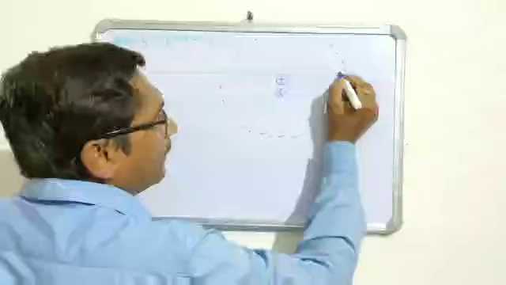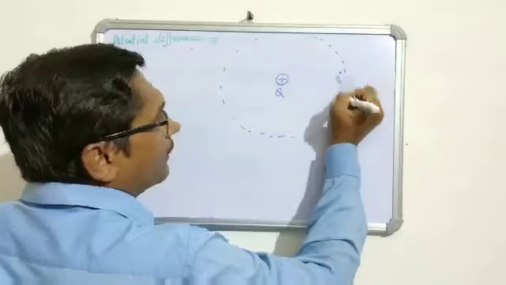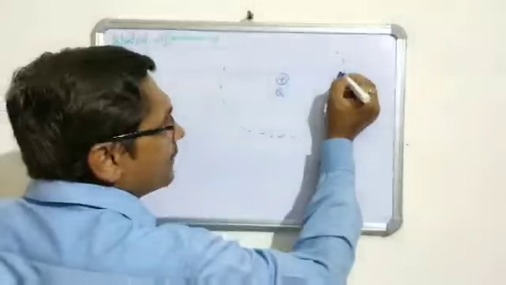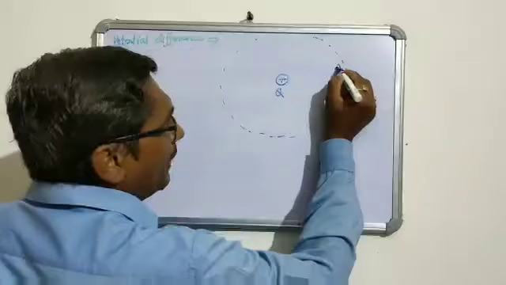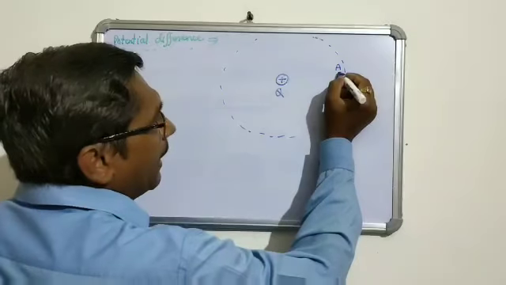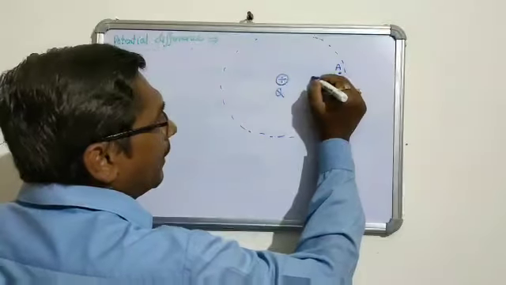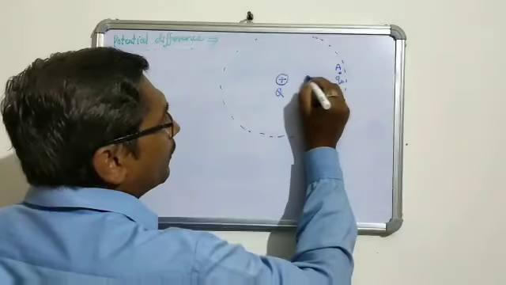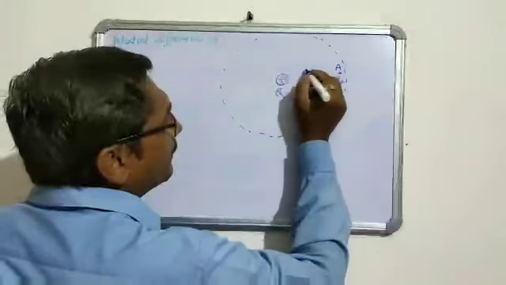Suppose we take another charge, called a test charge, situated at point A, and we are going to move this charge towards the charge Q. Suppose we move this charge to here, B.